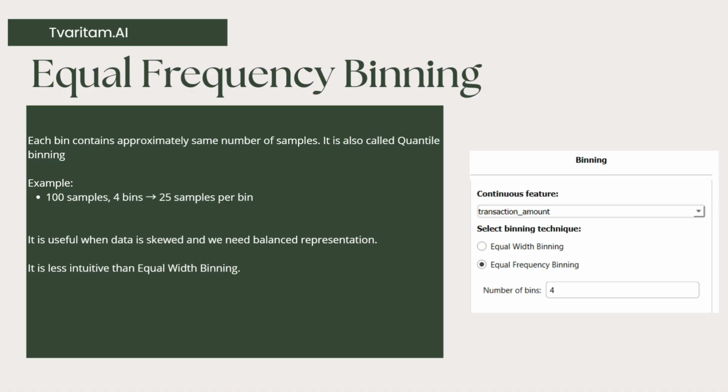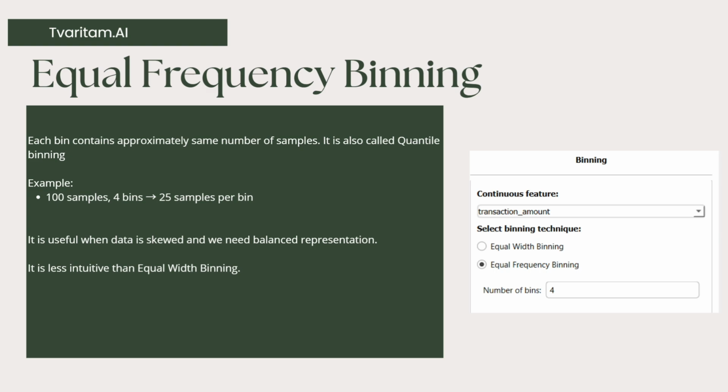We will create 4 bins or 5 bins, but every bin will have the same or a similar number of samples. It is not exactly the same in certain cases. Let us say you have 70 values and you create 4 bins, then 70 cannot be divided into 4 equal bins. So there could be one value here and there. But the approximate distribution will always be the same. The frequency approximately will match.